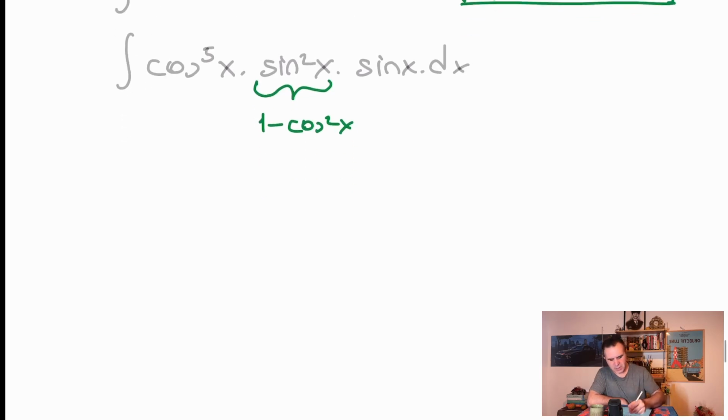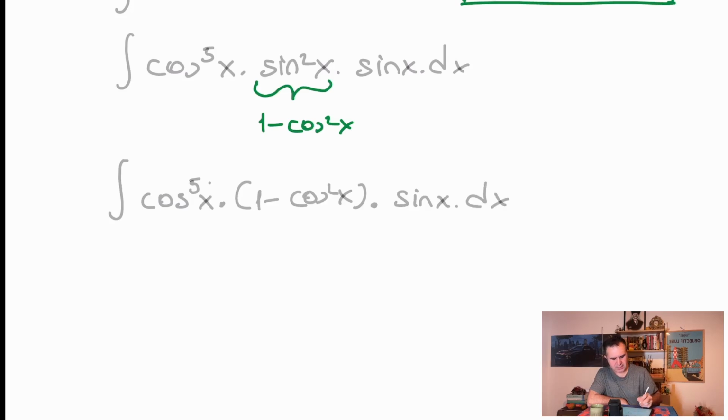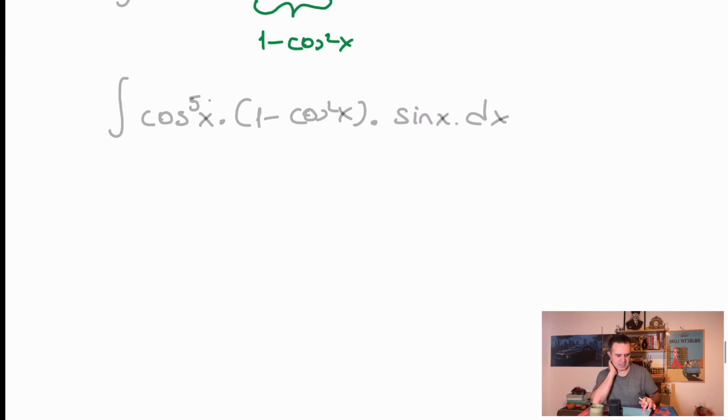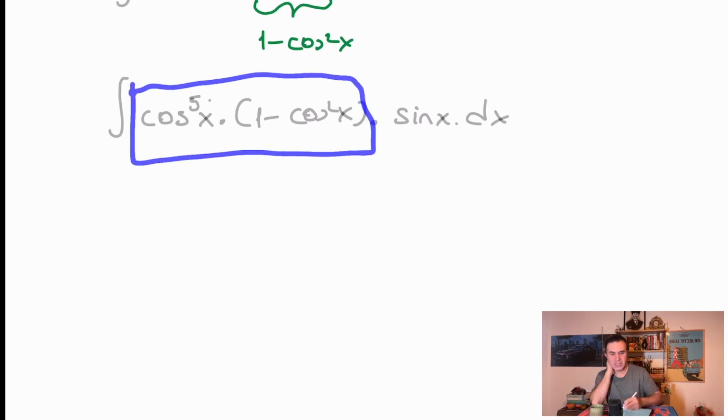Then the integral becomes cosine to the power of 5x times 1 minus cosine² of x times sin x dx. Now we can use substitution because we have a function of cosine x and its derivative multiplied by dx.